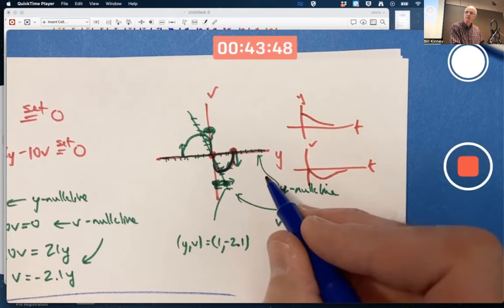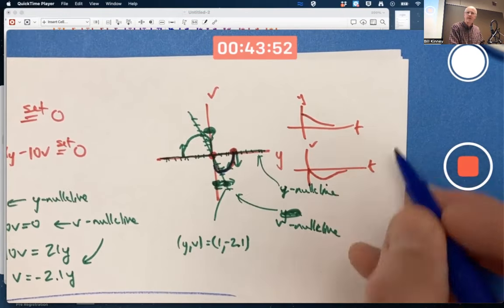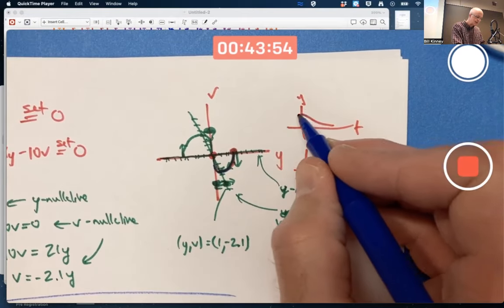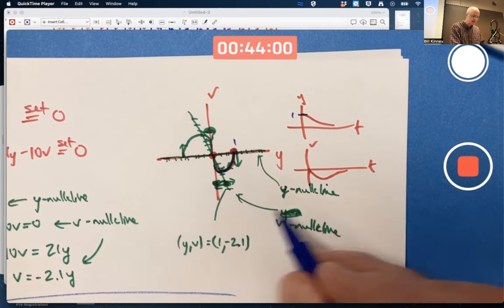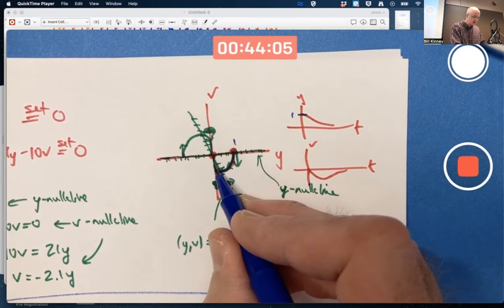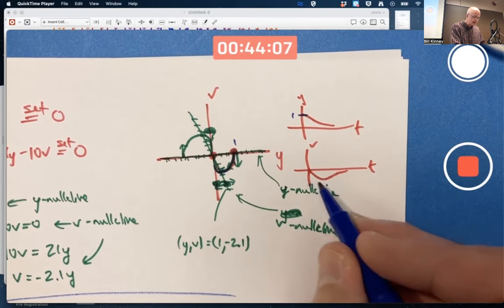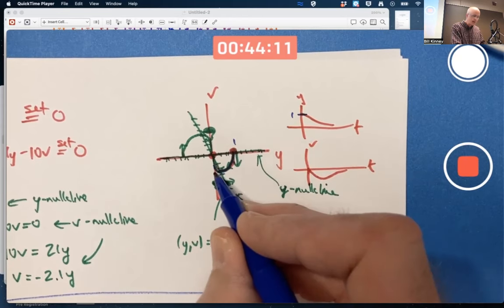This parametric curve helps me see how y and v depend on t. I don't know the scale on the t axis here. The y axis would, if this is a 1 here, that should start at 1 there. And v is starting out at 0 because I'm starting on the y axis, so it starts there. y decays towards 0 because you're moving to the left. v goes negative because you're moving down to the negative region here where v is negative before going back up again towards 0.